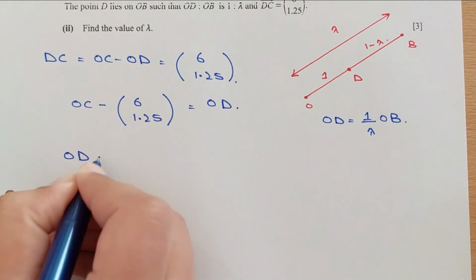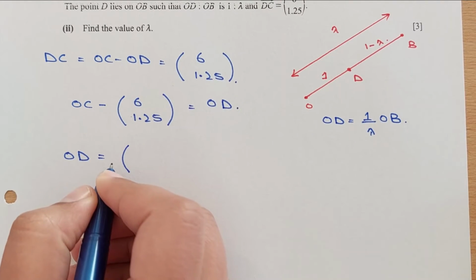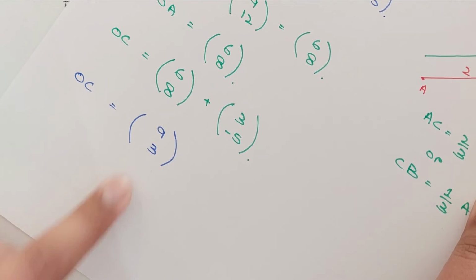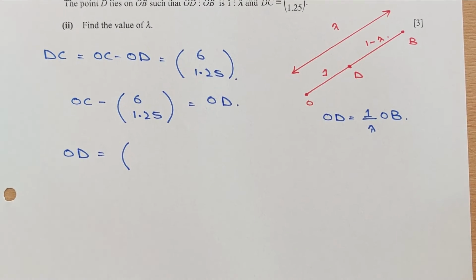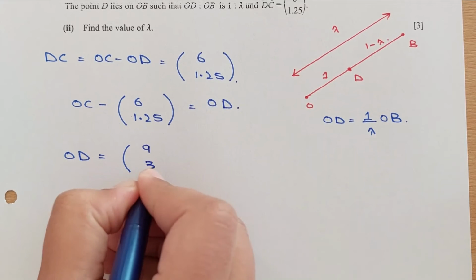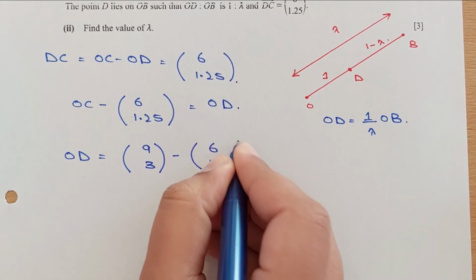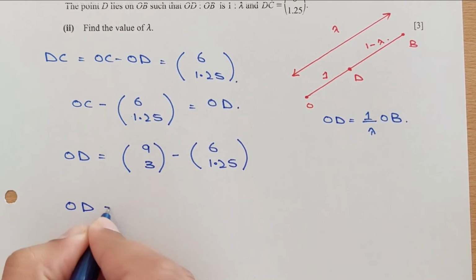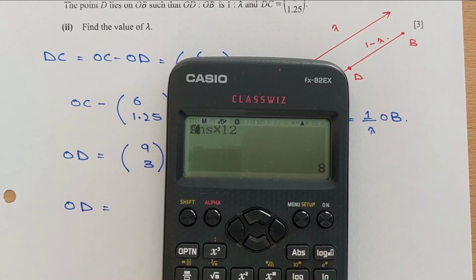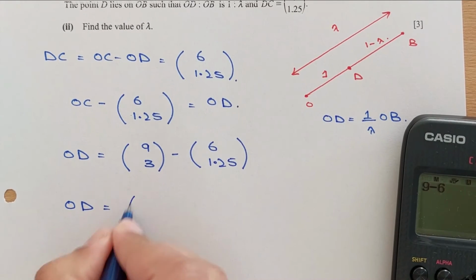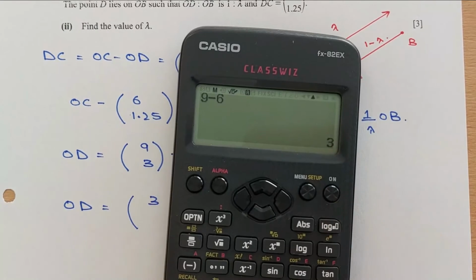OD is equal to the C coordinates from the previous part, which is (9, 3), you can see. OC is (9, 3), and we subtract (6, 1.25). So OD is equal to 9 minus 6, this is 3, and 3 minus 1.25.